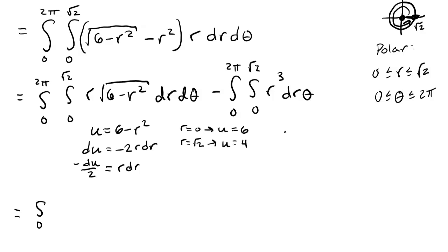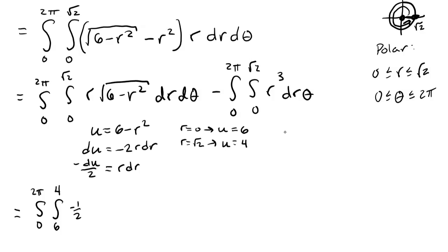So we're going to go 0 to 2 pi. We've got the square root of u, and then the r dr is going to become a negative 1/2, so let's just put that negative 1/2 in front. Oops, I forgot my inside integral, let's add that in there. Sorry about that. So my u integral now is from, careful, 6 is the lower bound, to 4.